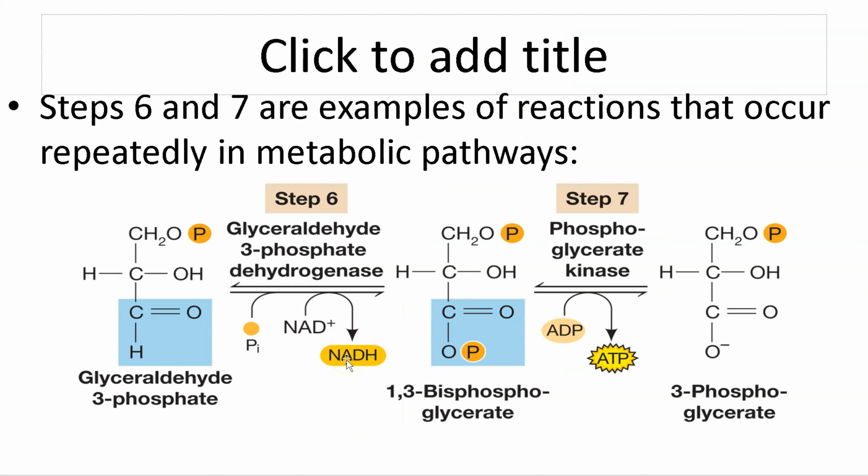And this is just an example of a reaction that occurs repeatedly, right? Step 6, dehydrogenase, kinase. We know what kinases do, right? Adding a phosphate. And so you have glyceraldehyde 3-phosphate dehydrogenase, 6 and 7. Those are just 2 examples of what's happening in this process, okay?